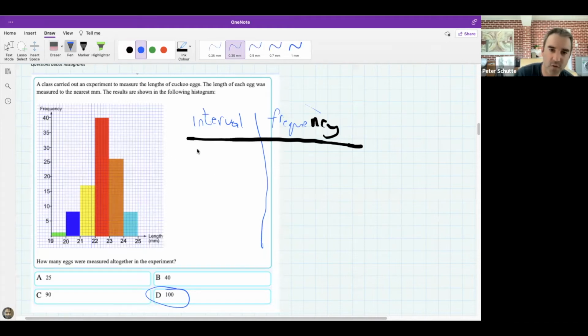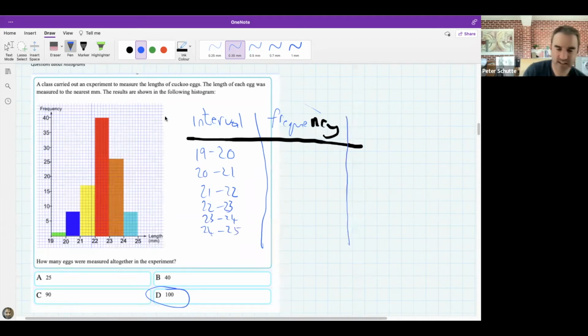So the first interval was 19 to 20, 20 to 21, 24. Now, I'm not worrying too much about where they're included exactly for today.